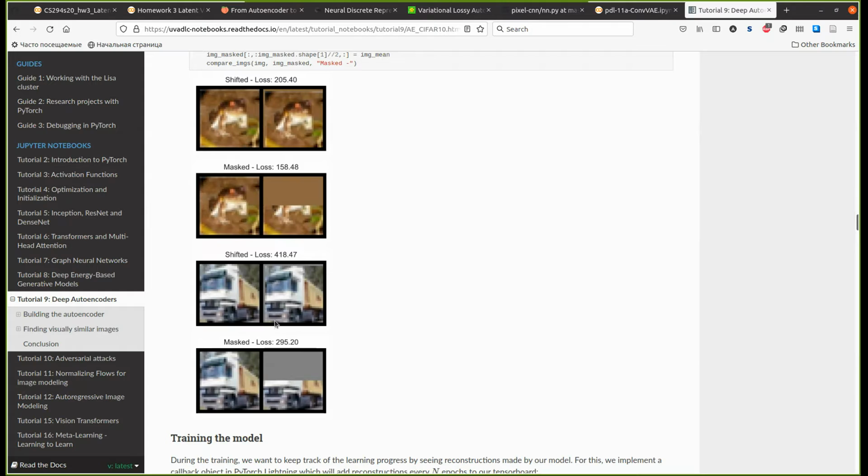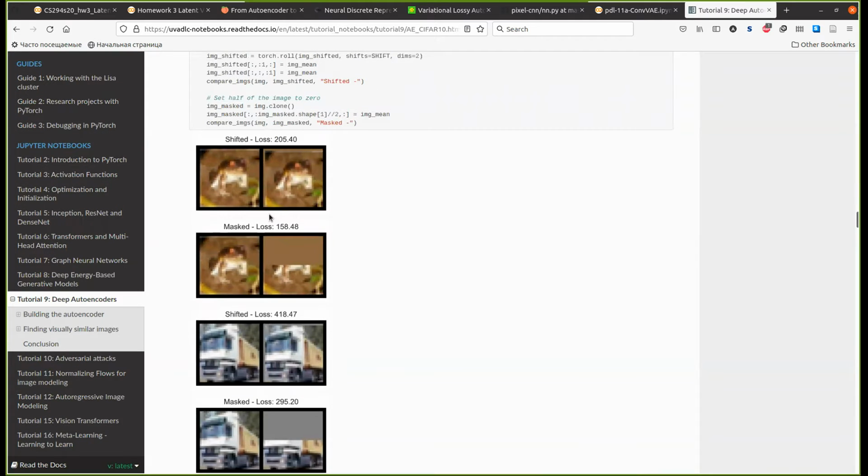And here is the same kind of pattern. And here is the mean squared loss computed on these two images. You see that the mean squared loss for a shifted image is higher than the mean squared loss for the kind of image which contains no information, or has half of the information completely wiped out.